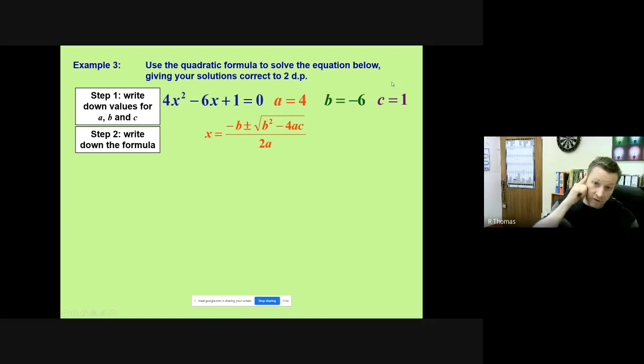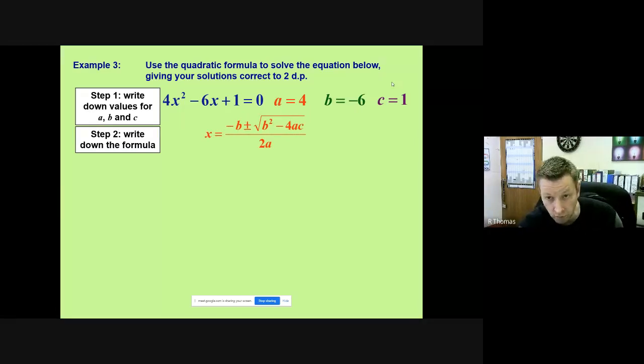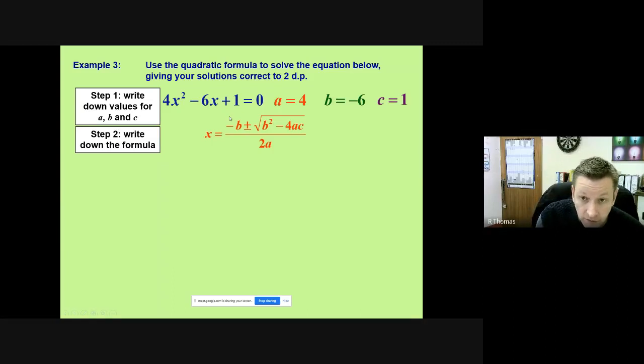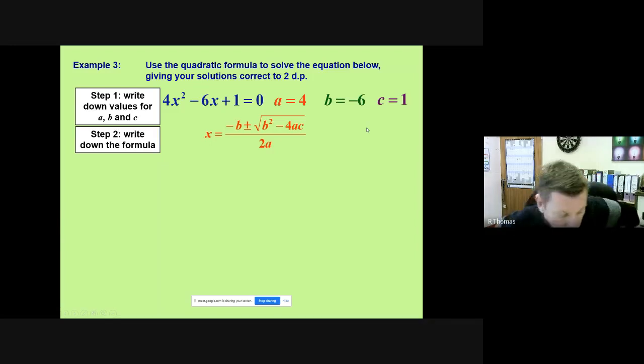There's the formula. Now write out that formula again. Swap in the A's for a 4, the B's for a minus 6, and the C for a 1. Be careful here, because you're going to have minus 6. All right, now I'm just going to leave you to plow on through that for 60 seconds.